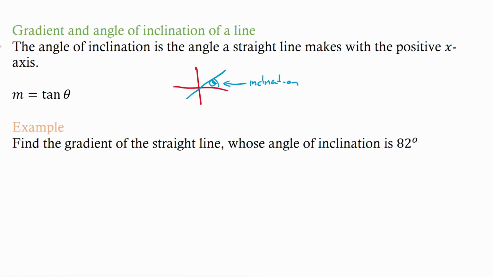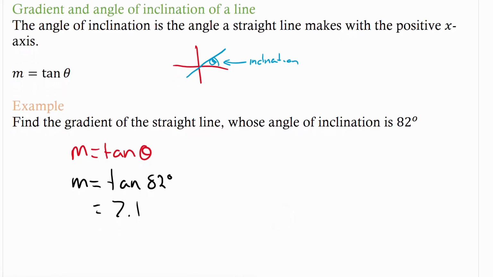Here in our example, we need to find the gradient of a straight line whose angle of inclination is 82. So it's pretty straightforward stuff. Write down your formula, and what we're going to do is substitute that in. So m equals tan 82. You put that in the calculator, and in our example it comes out at 7.1 if we're rounding to one decimal place.